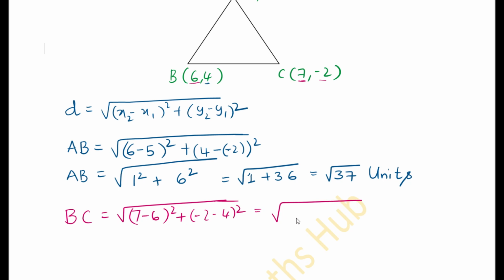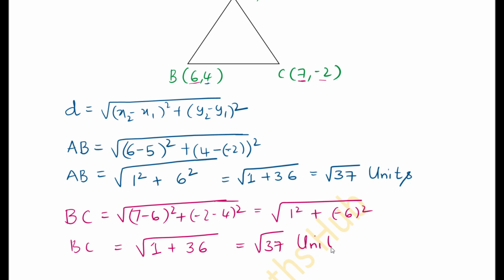Now 7 minus 6 is 1 square. Now minus 2 minus 4 is minus 6 whole square. Now BC equals square root of 1 square is 1, then minus 6 square is 36. Now 1 plus 36 is root 37 units. Students, already you can see that length AB is equal to BC.